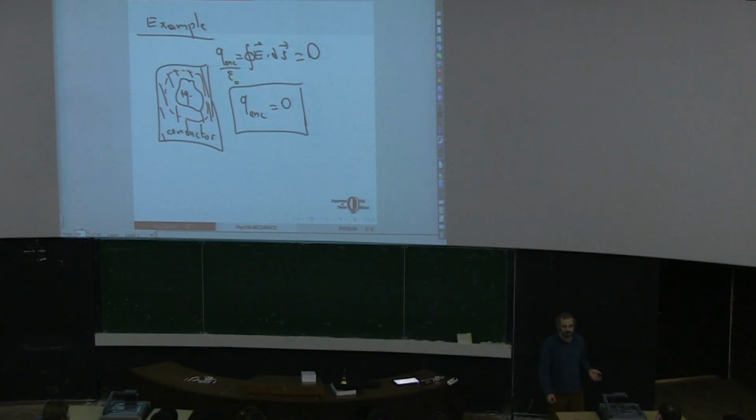How can this happen? Now, I can put one charge inside the cavity in the conductor, nothing will be touching it. So this positive charge is there, it will stay there. But the total charge inside this conductor should still be 0.